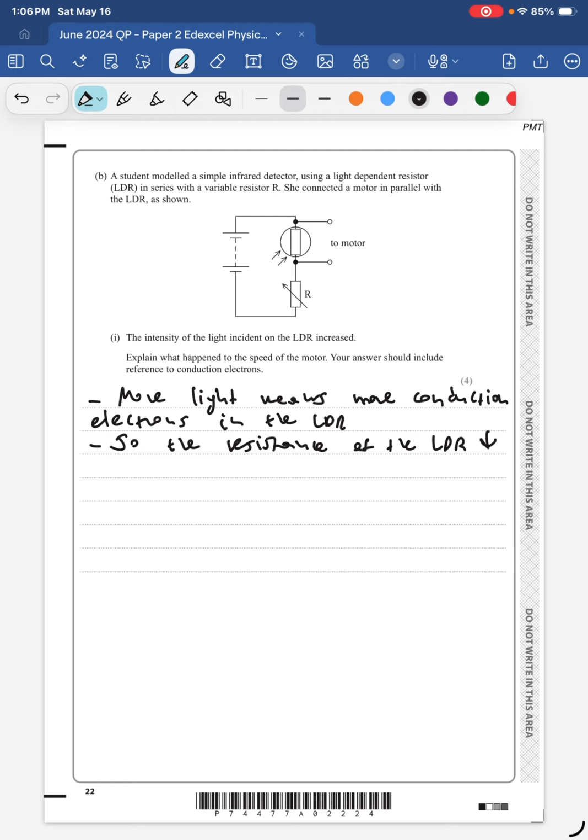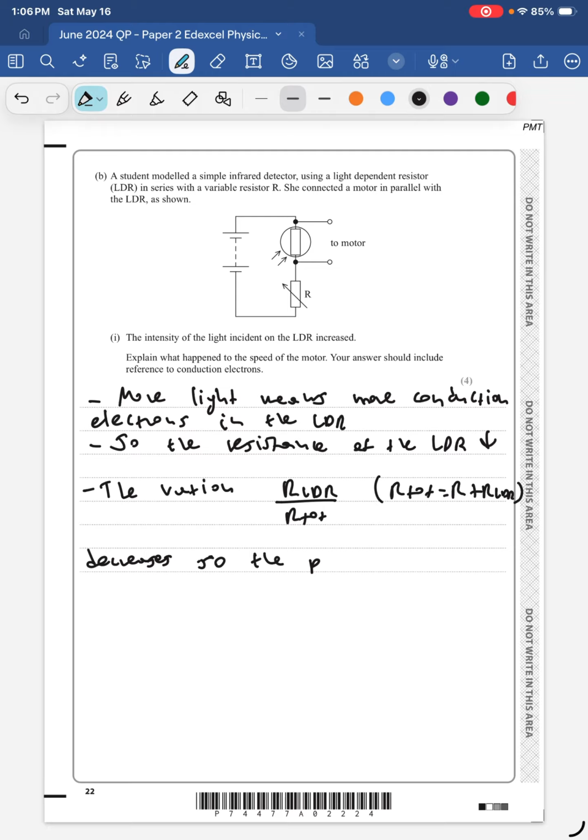decreases. Okay, the ratio of the resistance of the LDR over R total, where R total is R plus R LDR, decreases.